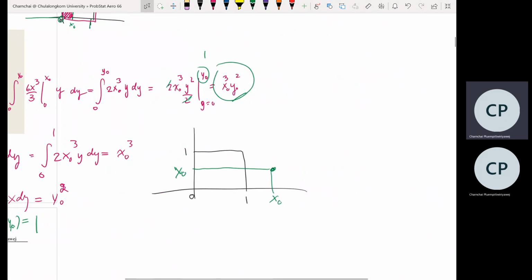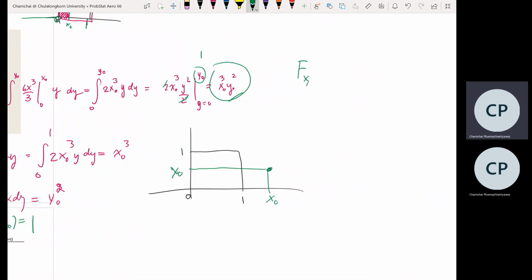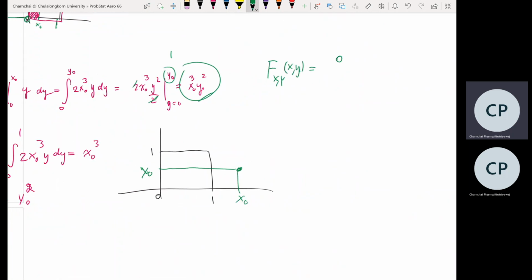So it's going to be 0 for x less than 0 or y less than 0.